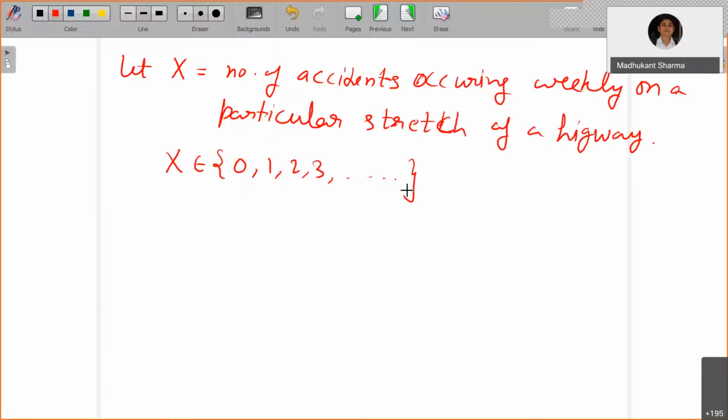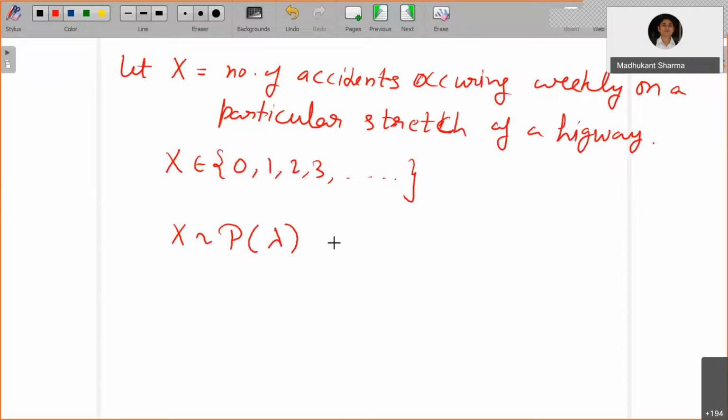There may be a large number of accidents happening as well. Because we don't know how many accidents there are, we can't talk about binomial here, because that requires a fixed number of independent trials. So X follows the Poisson distribution with lambda.